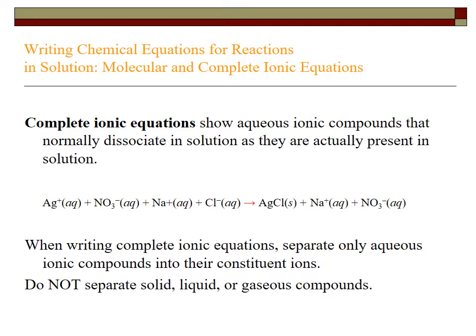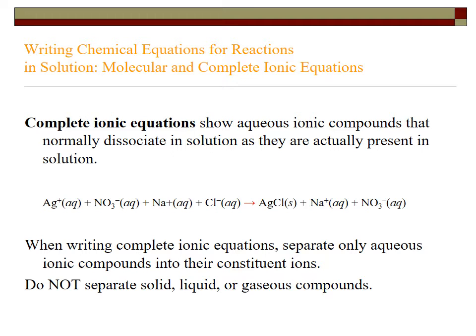We are going to take that silver nitrate from the previous slide, AgNO3, and break that apart into silver and nitrate ions. I made the arrow red there so you can see what's on either side of the equation.